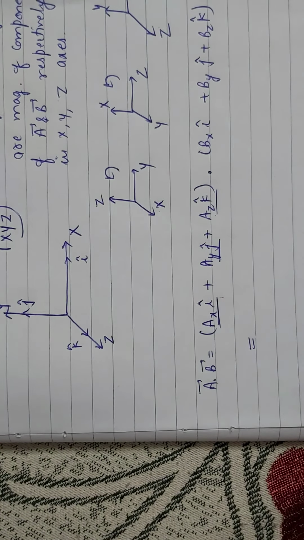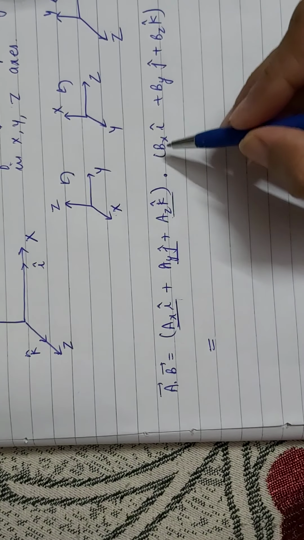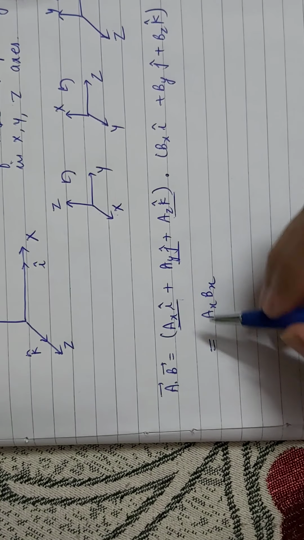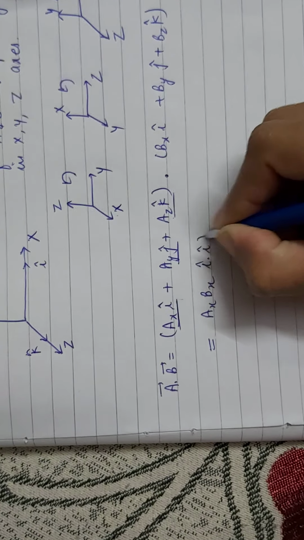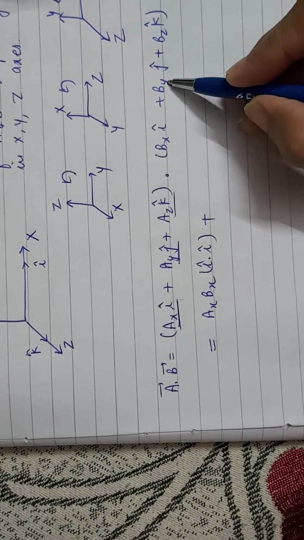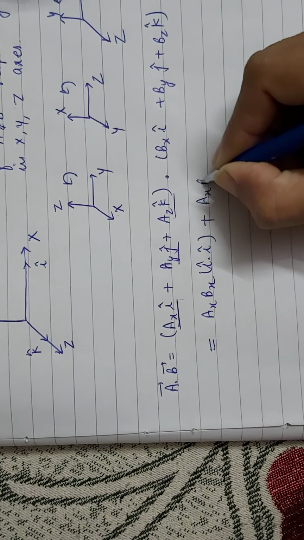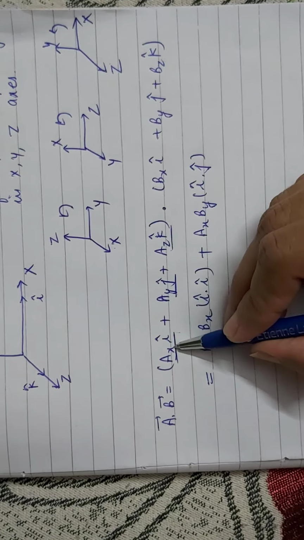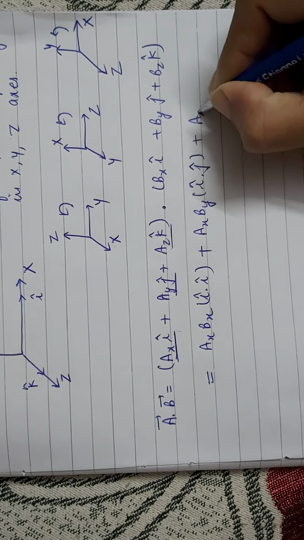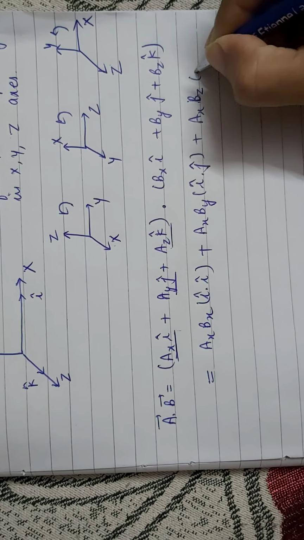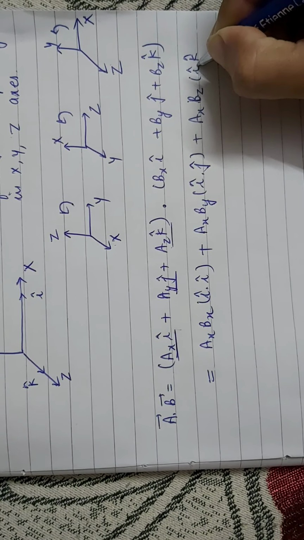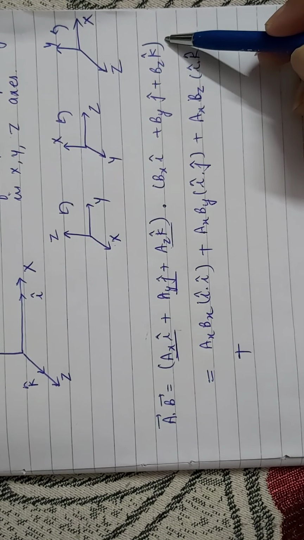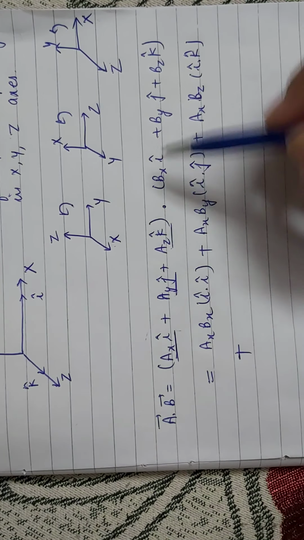Writing these terms: axi into bxi, the magnitudes multiply normally, ax bx, and i dot i, plus ax by with i dot j, plus ax bz with i dot k. We have multiplied this term with all three terms, and similarly we multiply the next one with all three.